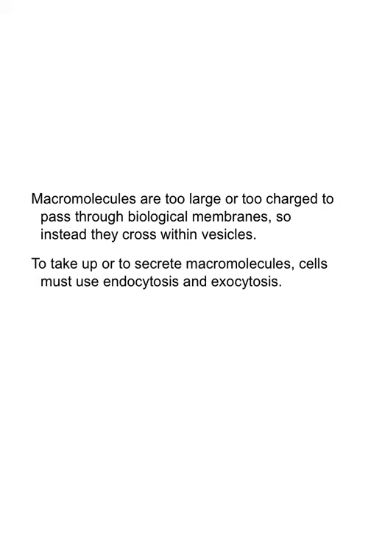Now, another form of active transport that I want to talk to you about is when you have macromolecules that are too large or too charged to pass through biological membranes. So instead, they cross within vesicles. To take up or secrete macromolecules, cells must use endocytosis and exocytosis.